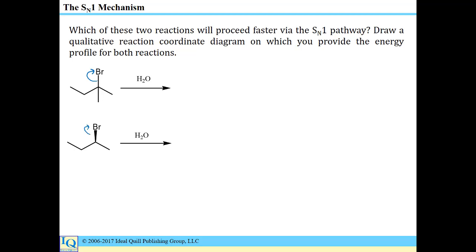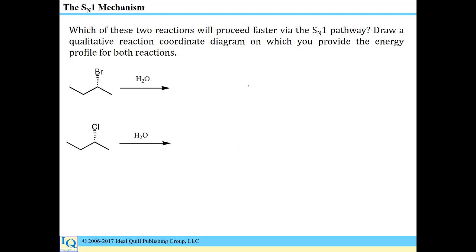If we compare these two reactions, we only have to think about that particular step. In the first case, we form a tertiary carbocation. In the second reaction choice, we form a secondary carbocation. The tertiary carbocation is much more stable. It is formed much more quickly, so this will be a faster reaction.